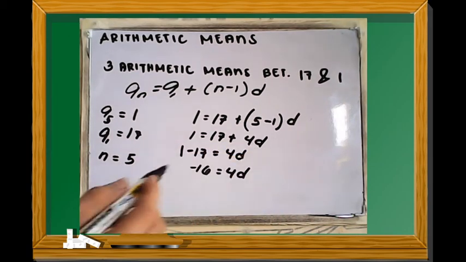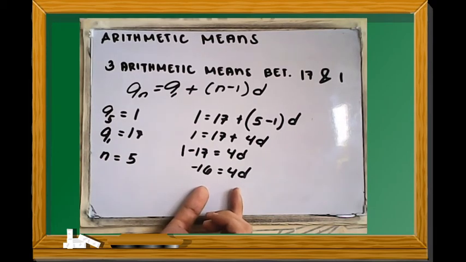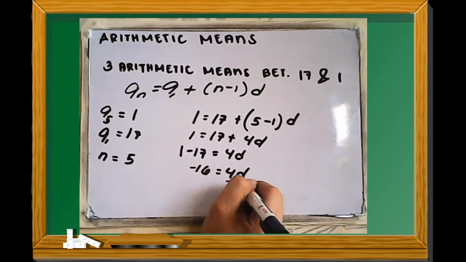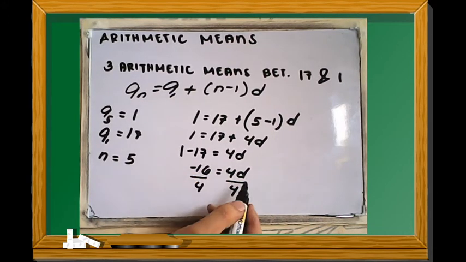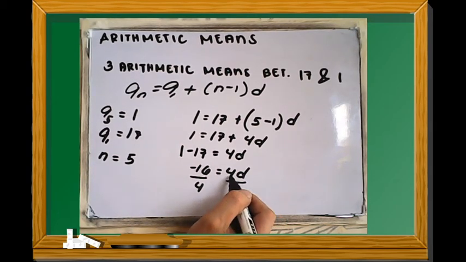After using the addition property for transposition, here we can use the multiplication property. But to make it short and easy, we just use the traditional method, which is dividing both sides by the coefficient of the variable. Our variable is d, and beside it is 4.